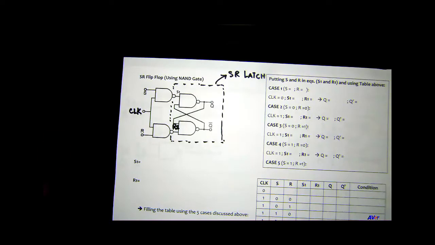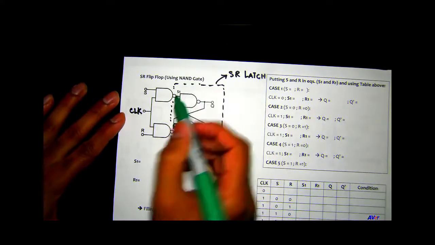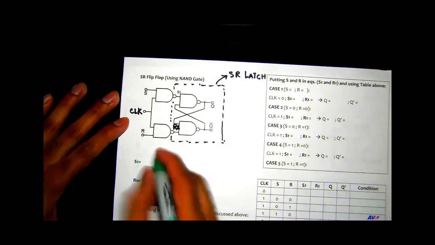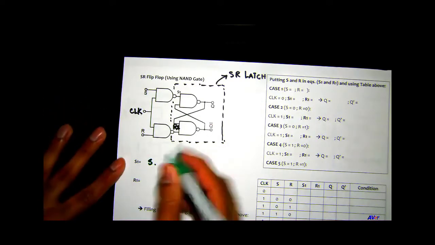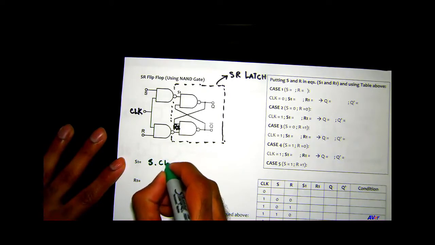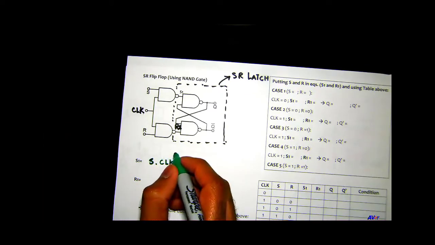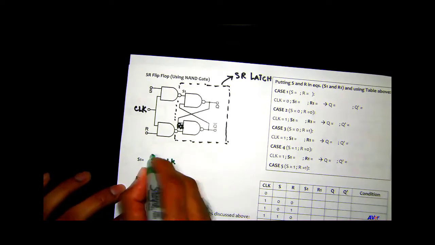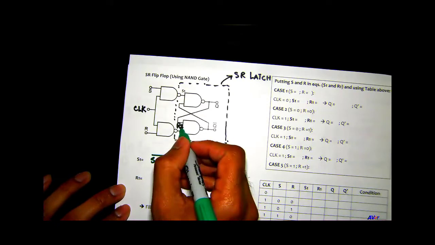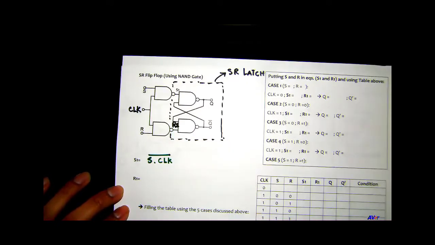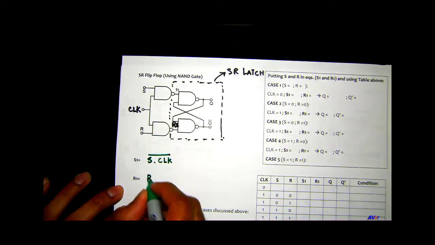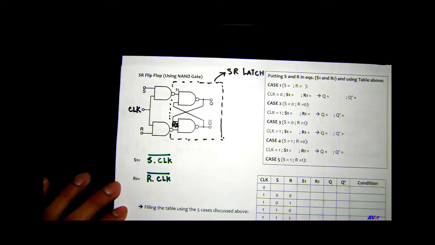So if you look at S1 right here, it's the output of this NAND gate, and the inputs are S and clock, S dot CLK, and then you will have a bar on the whole thing. Similarly, R1, which is the output of this NAND gate, has inputs clock and R, so R dot clock, with a bar on the whole thing, because a NAND gate is the opposite of an AND gate.